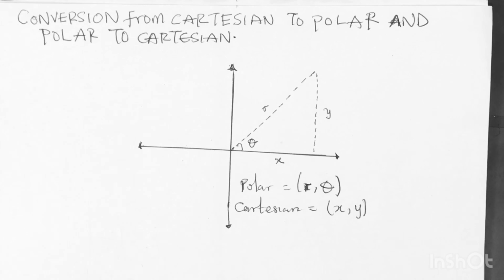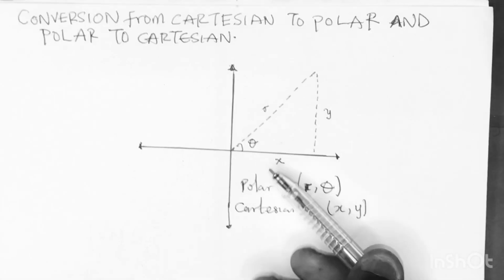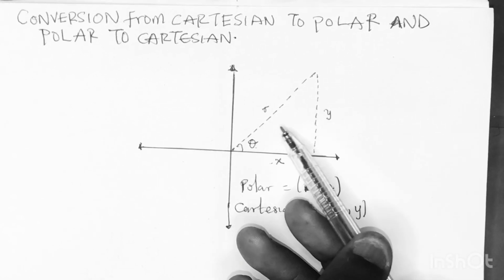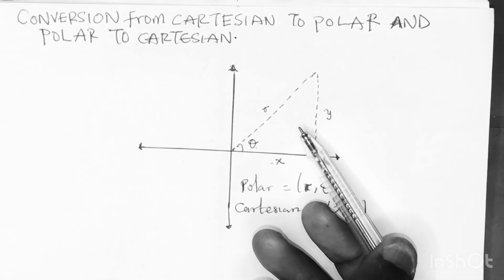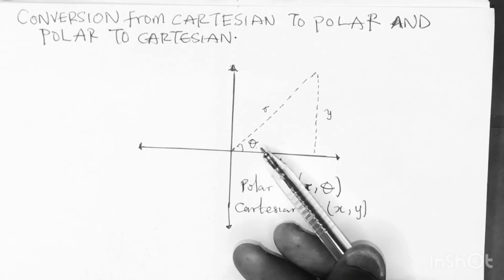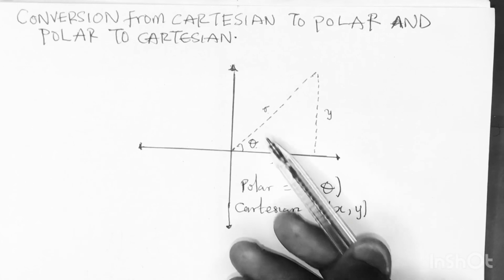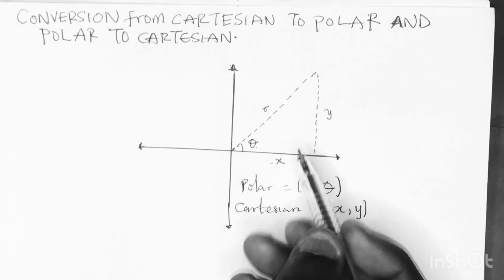So knowing this, if I'm to convert from x y to getting r and theta, what do I need to do? Apply the normal rules. To get my r, I need to apply Pythagoras theorem.